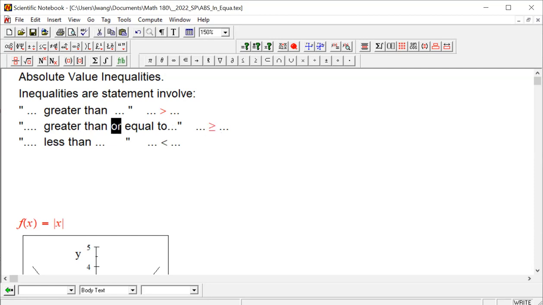Be careful, the word connecting them is or. And for less than, of course, we have less than or equal to.